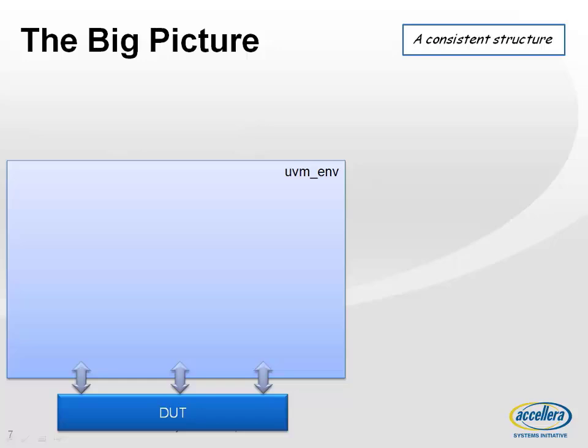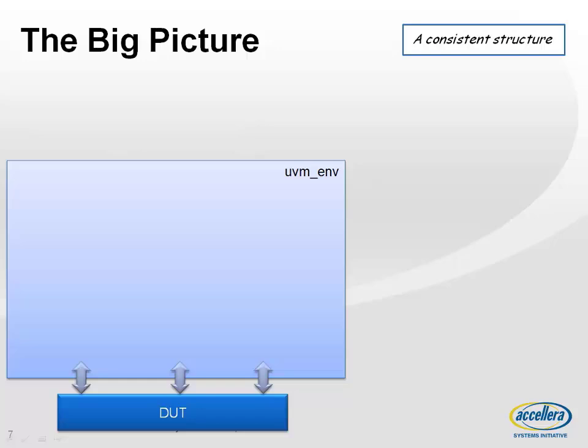In UVM itself, you see this word uvm_env, env being short for environment. That's a particular class in the library that represents verification environments, or test benches, if you will. At the bottom, we've got our design under test, the chip we're interested in testing. And you'll recognize that chips these days have a whole bunch of interfaces, network interfaces, bus interfaces, serial interfaces.